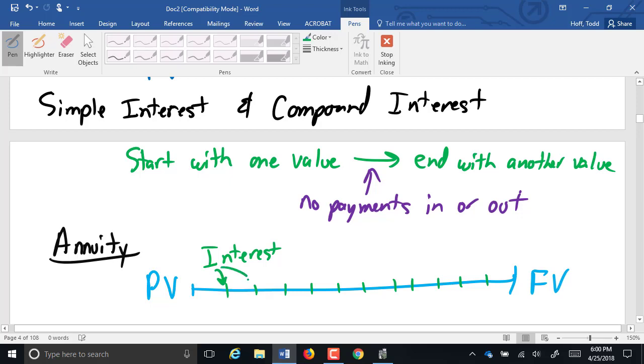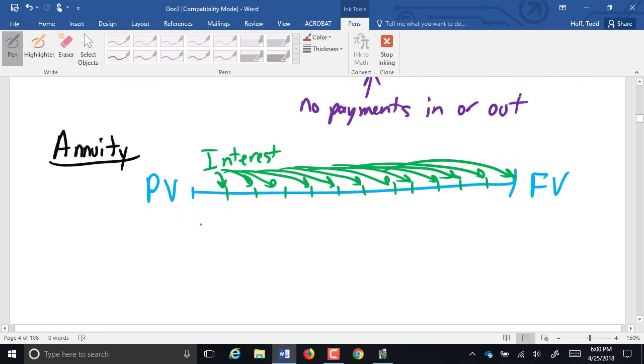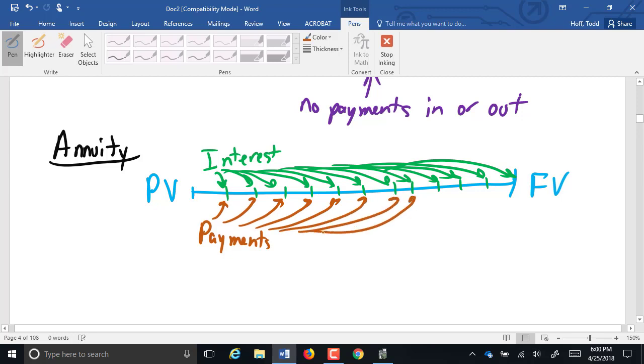Interest is calculated at the end of each of those periods, just like compound interest. The difference is there are payments made at the end of each of those periods as well. Whether those are payments going in or coming out, it depends on what point in the annuity we're at.